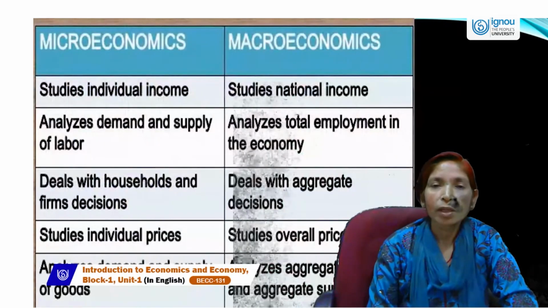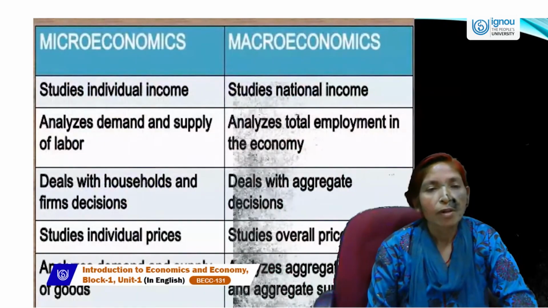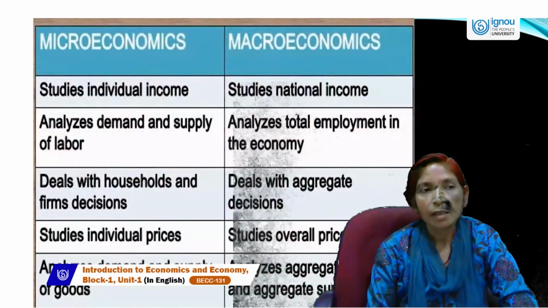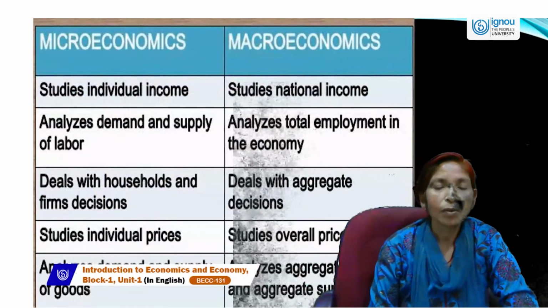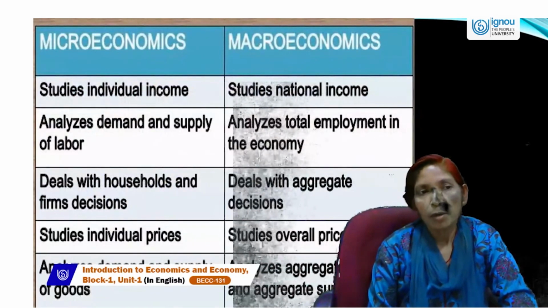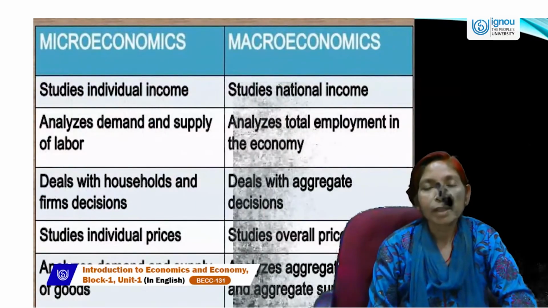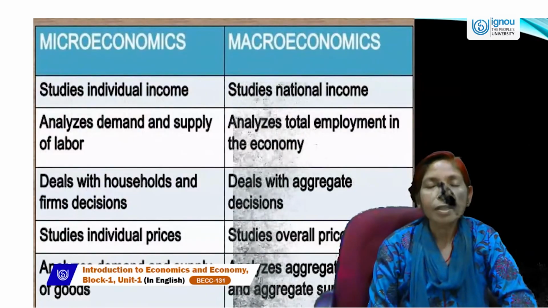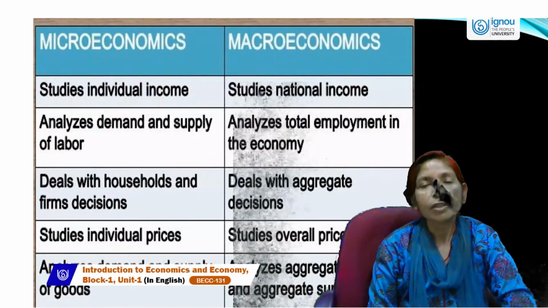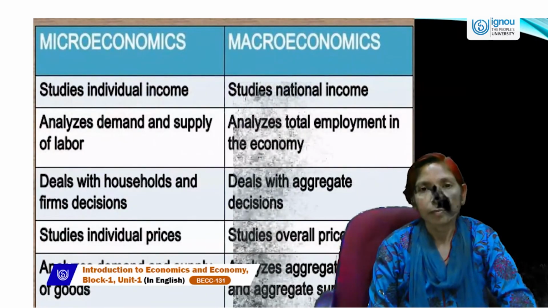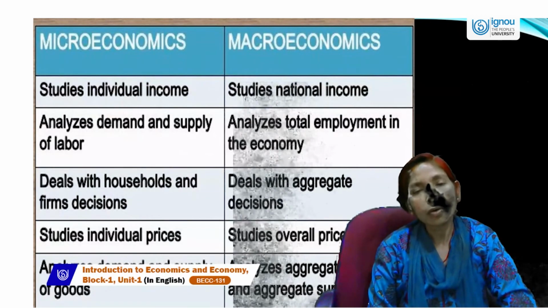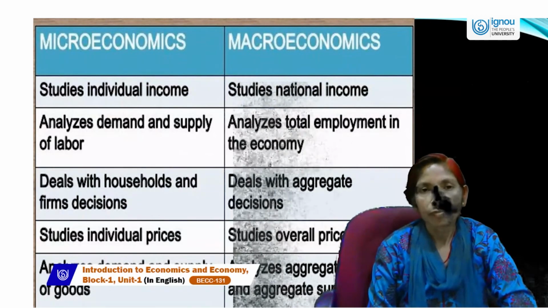Next is microeconomics and macroeconomics. What do you understand by these two concepts, micro and macro? Microeconomics always studies individual things. Micro always deals with individual units of the economy, but macro deals with whole units of the economy.